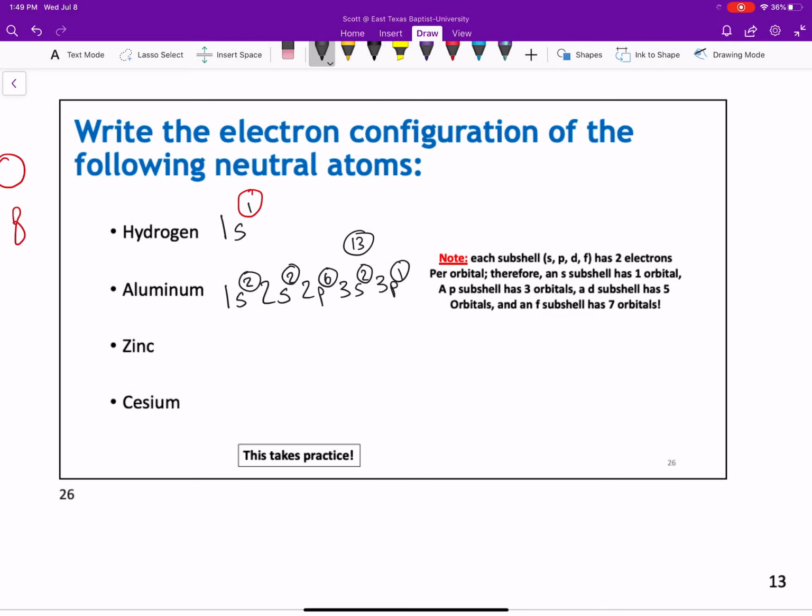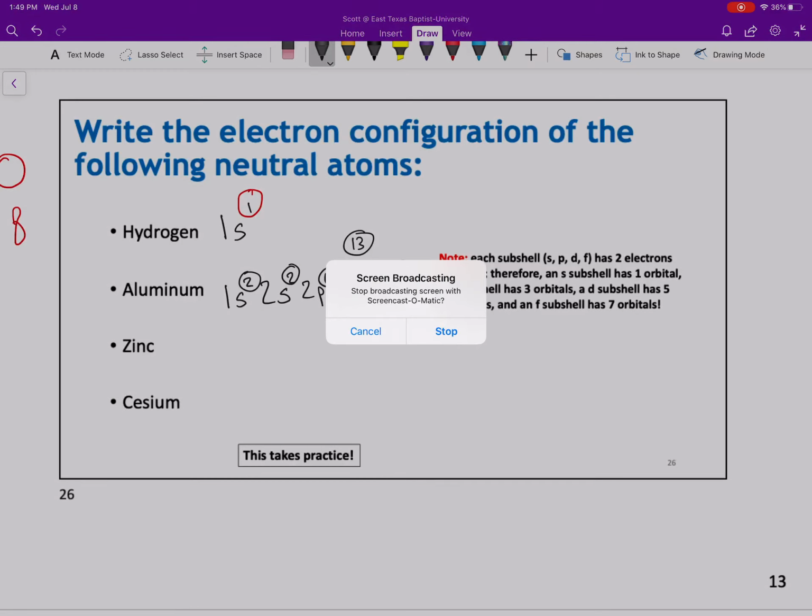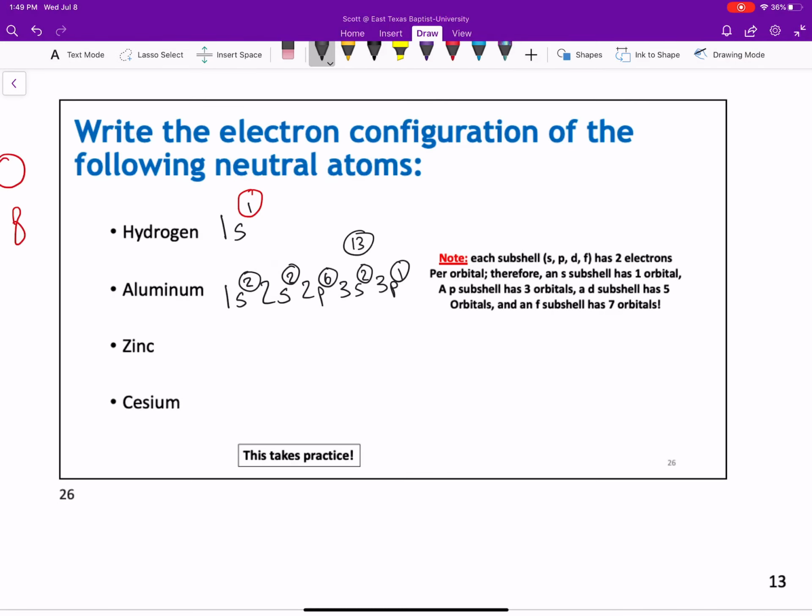Now, I want to show you a trick, but it may have to be posted. And the trick is this.